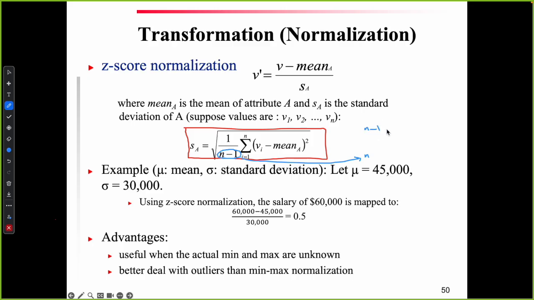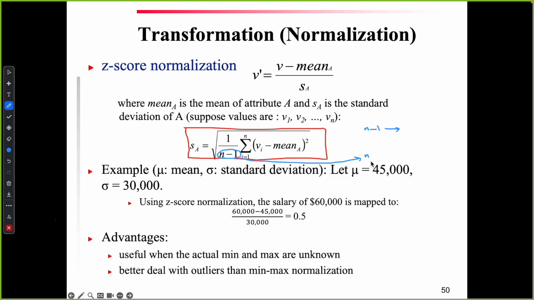It depends. You use n minus 1, like in this slide, if your data is treated as a sample, and you divide by n if your data is treated as the whole population. Because we treat it as a sample here, we divide by n minus 1. You don't need to know the reason; I'm just explaining if you're curious about the difference between these two. So n minus 1 represents that this data is just a sample.